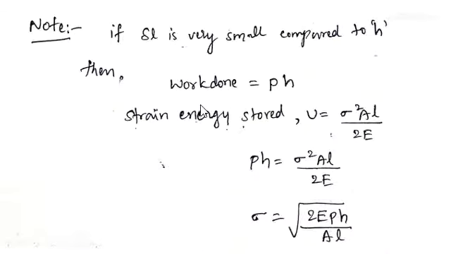The strain energy is the same formula, sigma square into AL by 2E. The work done is the strain energy stored, so we can write Ph is equal to sigma square AL by 2E. The formula for sigma is then under root of 2E Ph by AL. This is the formula for stress induced in the case of falling or impact load when delta L is very small compared with the height of fall.